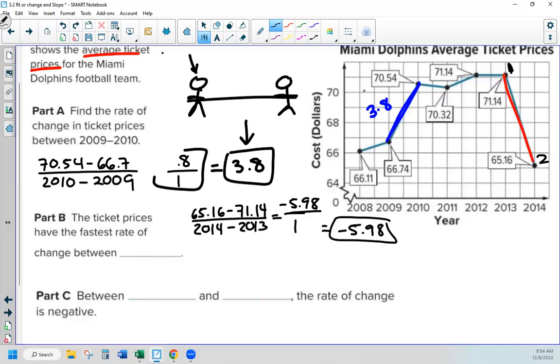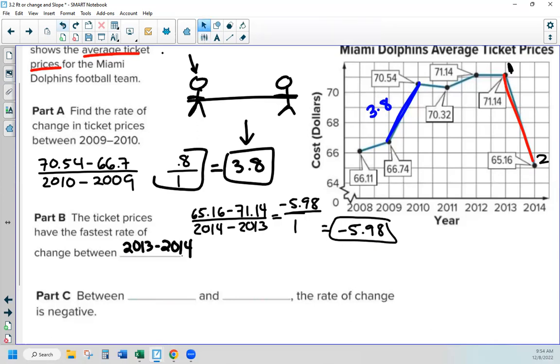This line right here, hopefully, visually, you already caught it on the amount of tiltage of the line. So the fastest rate of change, the line that changes faster, the steepest line right here, is from 2013 to 2014. That's the winner.